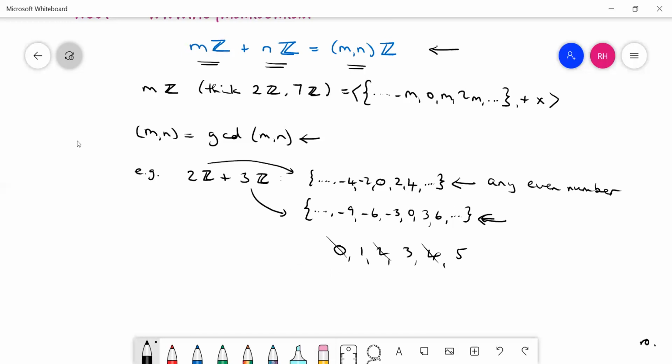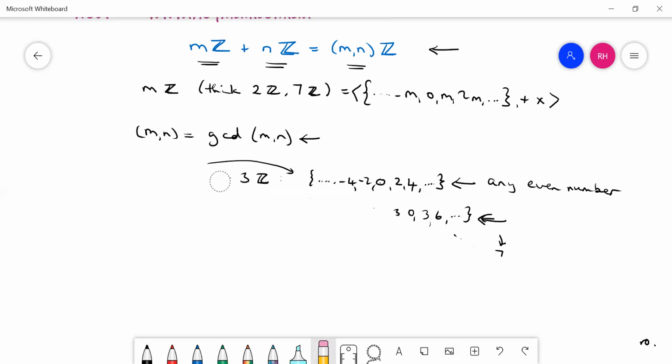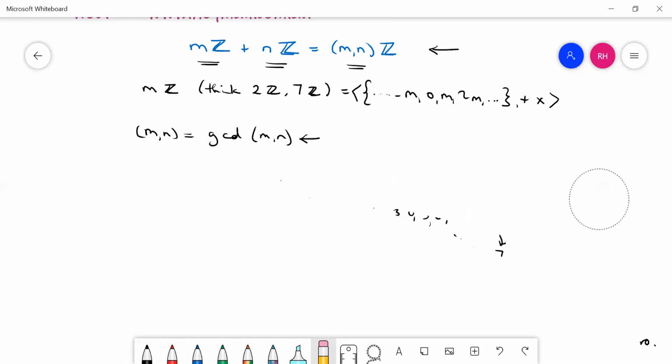Here you've got a number that's divisible by 3. This number is neither divisible by 3 nor 2, but it's just a combination. And the same with this. So I'm not explaining it very well, but if you just try it out like this, you'll see that you can easily create any number you want by adding up an even number and a number divisible by 3. So let's rub that out because I haven't really brilliantly explained that. But it is a good idea with these things to just play around with a specific concrete example first.